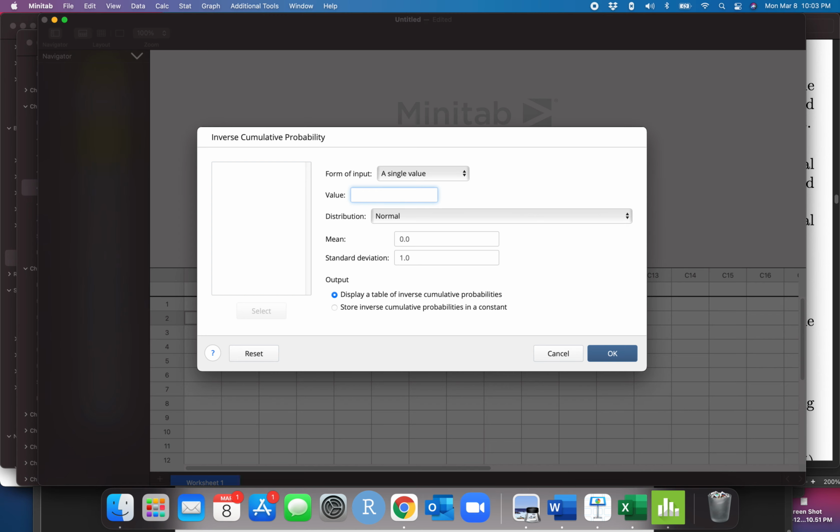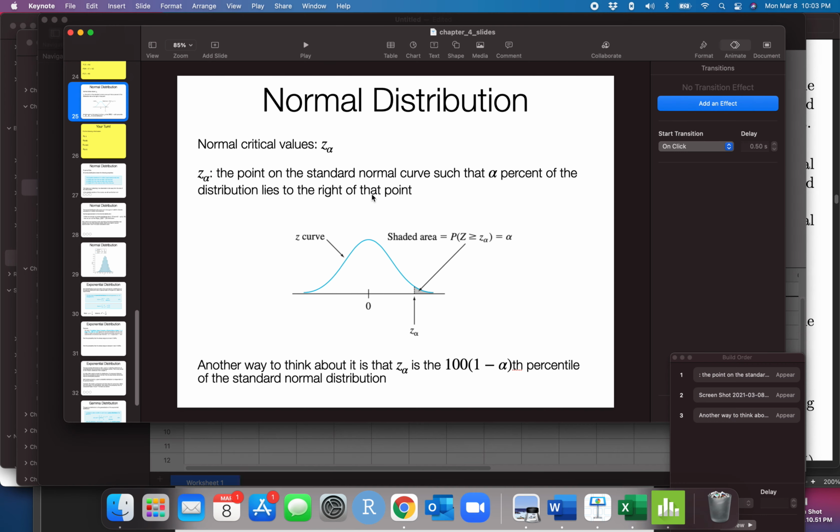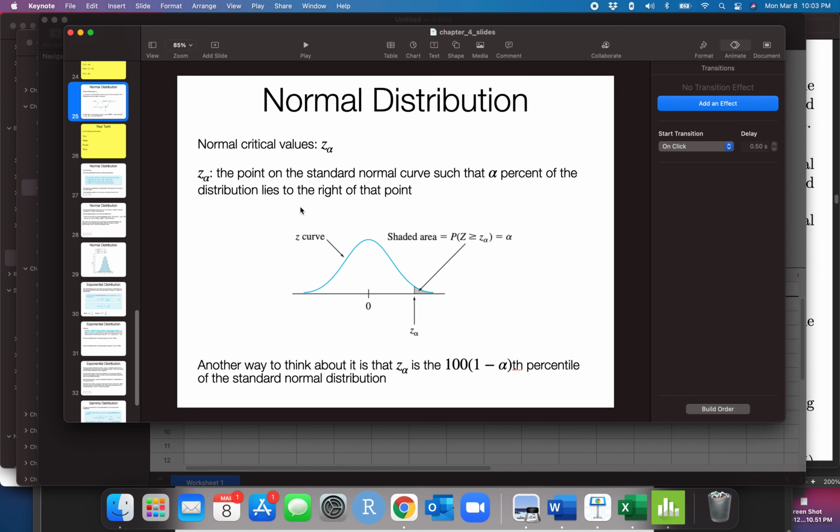So first, let's go back to our slides. An example of what a critical value could be is z with a subscript of 0.3.